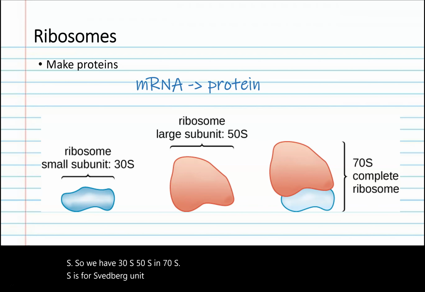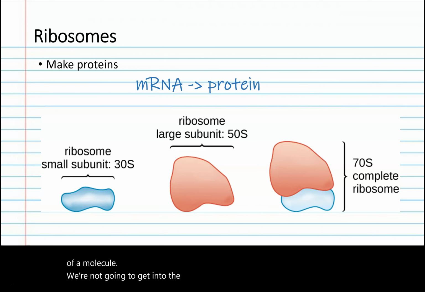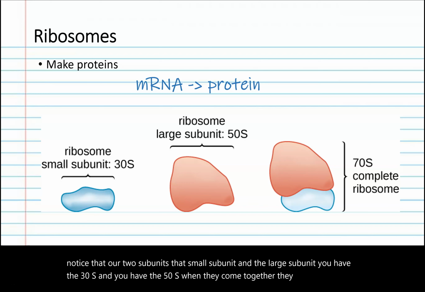Svedberg units are used to quantify both size and shape of a molecule. We're not going to get into the technical details of how that happens, but you'll notice that our two subunits, the small subunit and the large subunit, you have the 30S and you have the 50S. When they come together, they form the 70S complete ribosome.